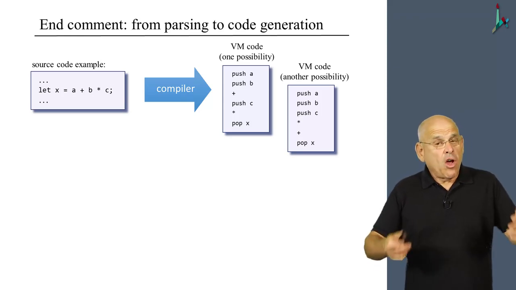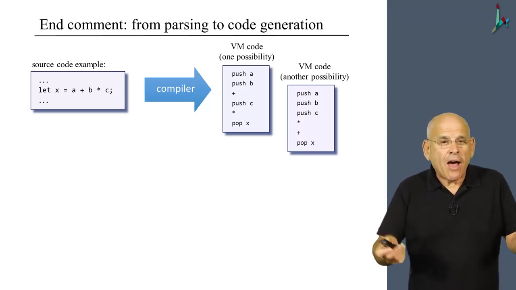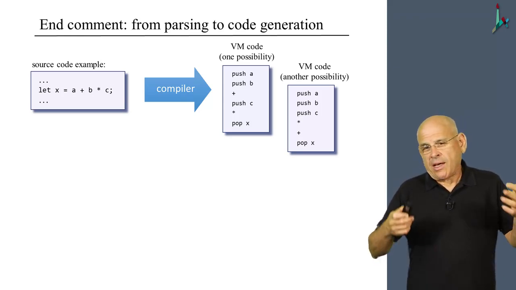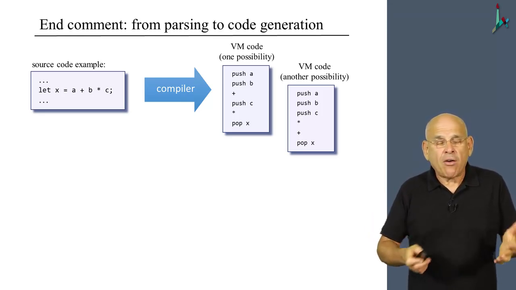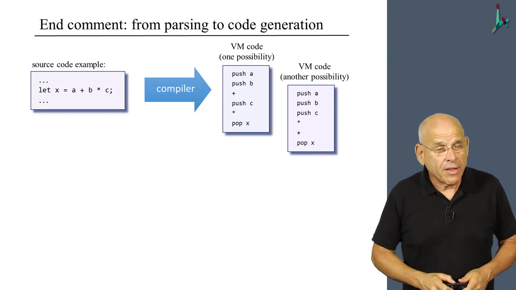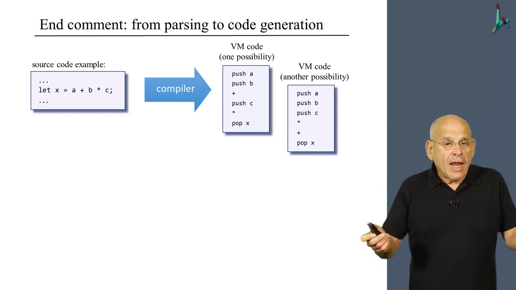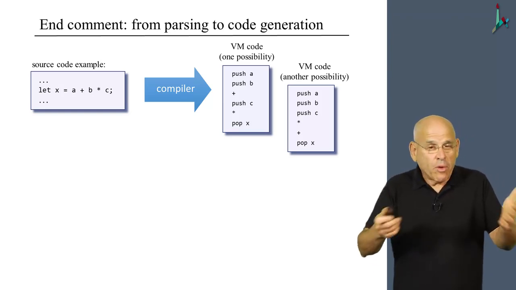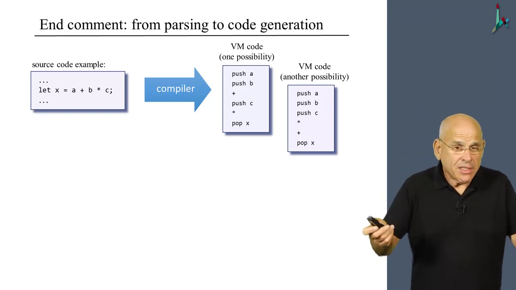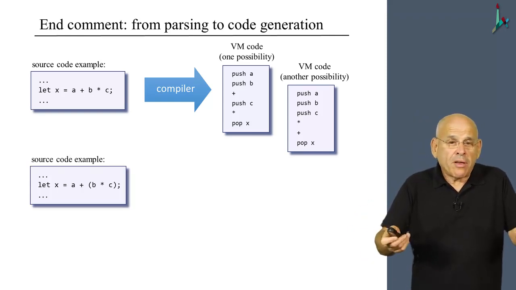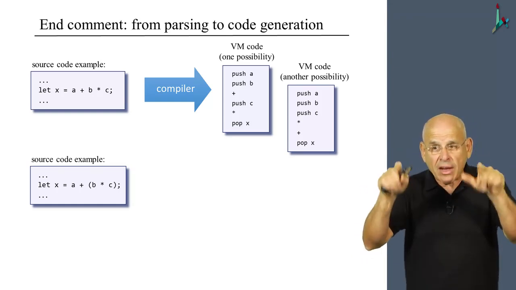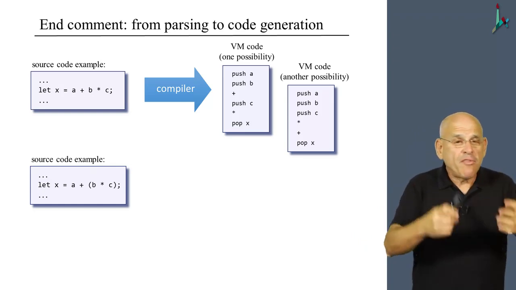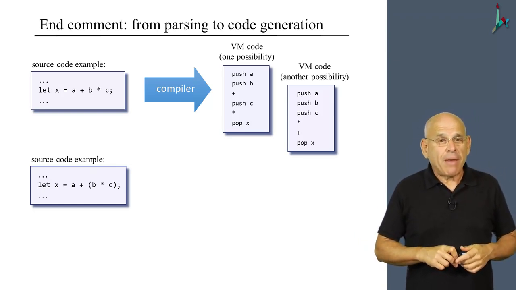That said, obviously, we have to give Jack programmers the ability to write programs that are algebraically correct. And therefore, we feature parentheses in the language. The Jack programmer can use parentheses to inform the compiler that he or she wants to evaluate b times c before evaluating the plus.